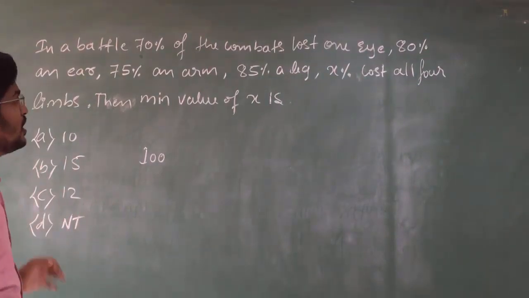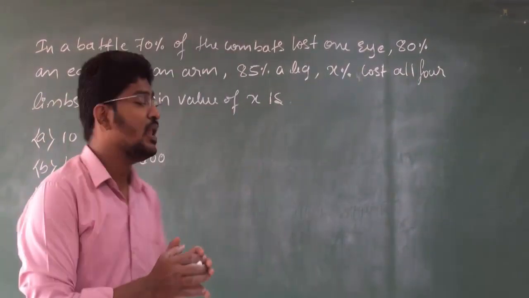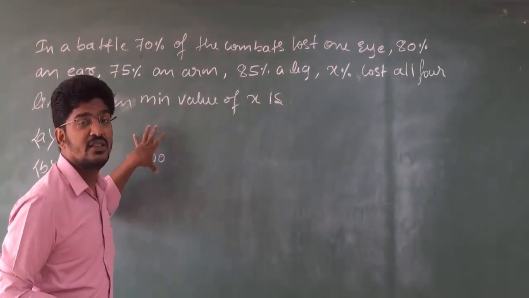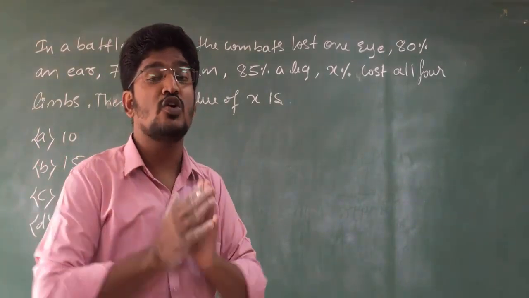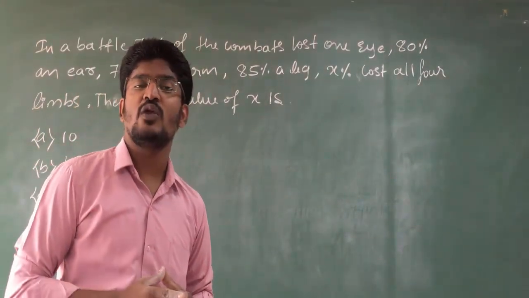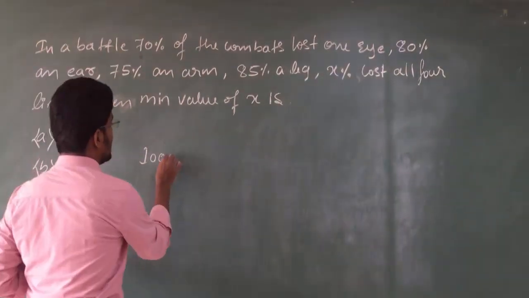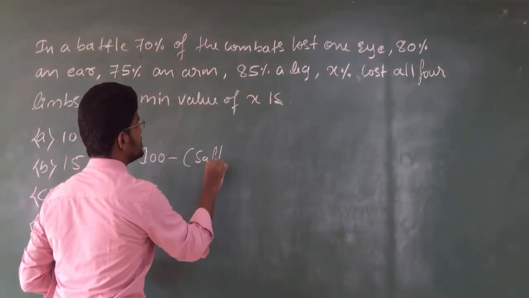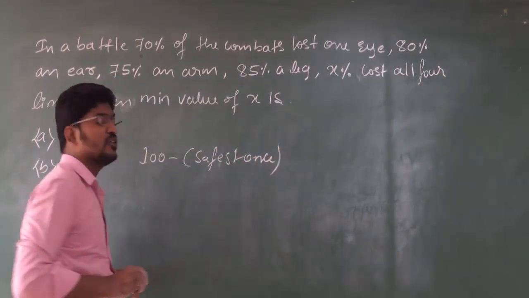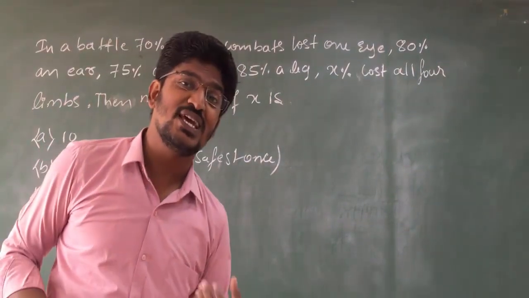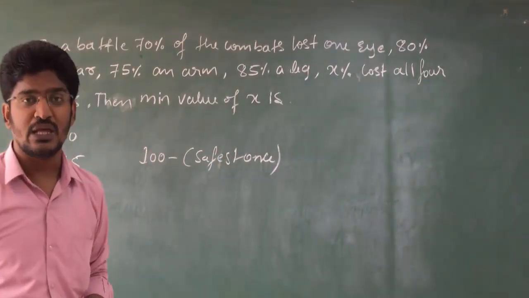X% lost all 4 limbs. That means there are some people out of this 100 who have lost all 4 limbs. That means from this 100, if I subtract the safe ones, you will get the remaining people who have lost all their 4 limbs.